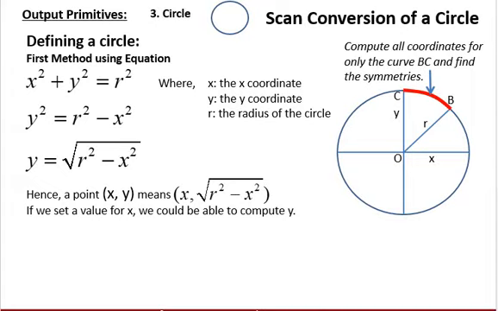If we have the value of x and can compute the y, then we can get a point, which is B. Then we need to compute all the coordinates from only the curve BC and find all the symmetrics.